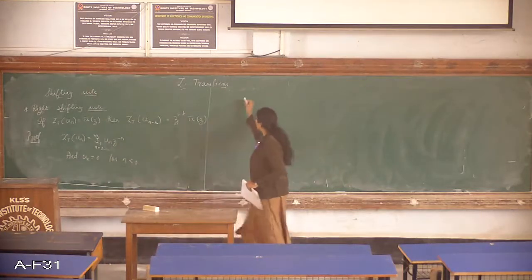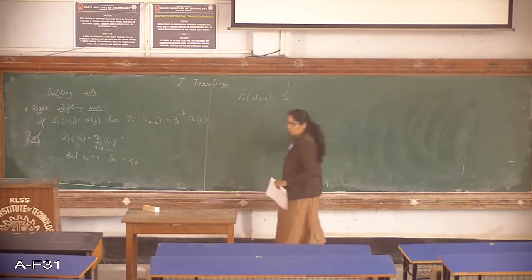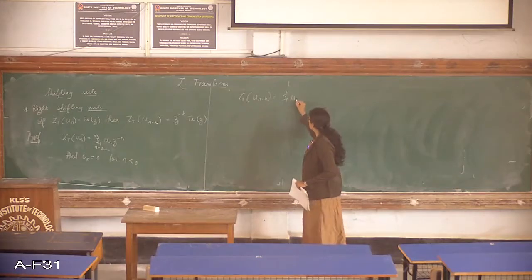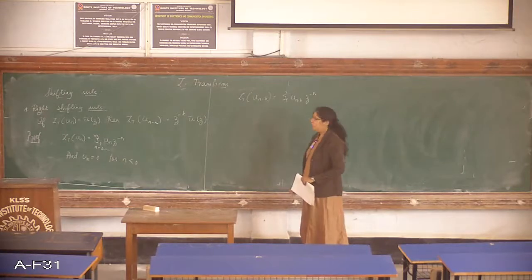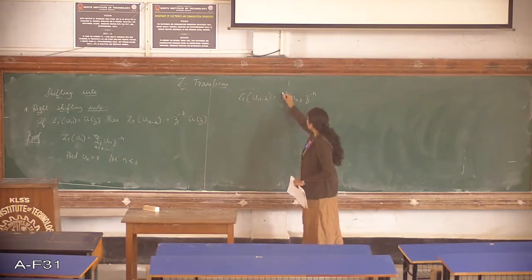So here what I want is the z transform of u_(n minus k). This will be equal to the summation of u_(n minus k) z raised to minus n, and n will be ranging from k to infinity.